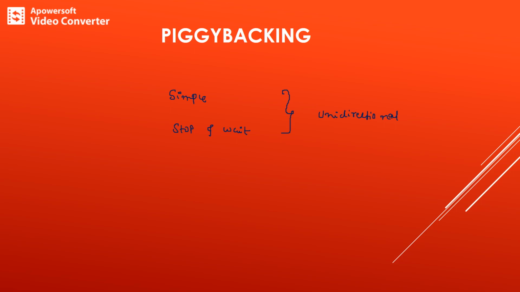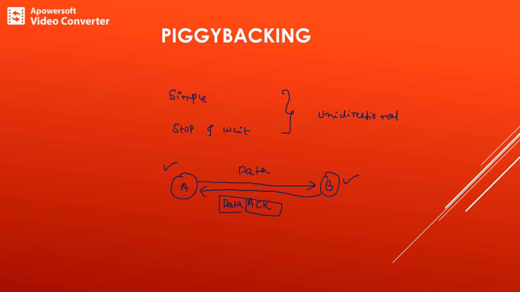In the case of piggybacking, suppose we have node A and node B. Node A sends the data, that is a frame, to node B, and after successful transmission, node B sends an acknowledgement to node A. Now suppose node B has some data to send to node A. At that instant, along with the acknowledgement, node B can add the data. So now the communication becomes bidirectional.